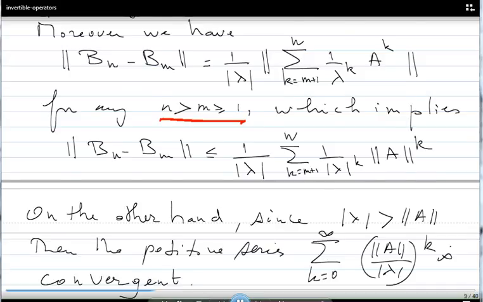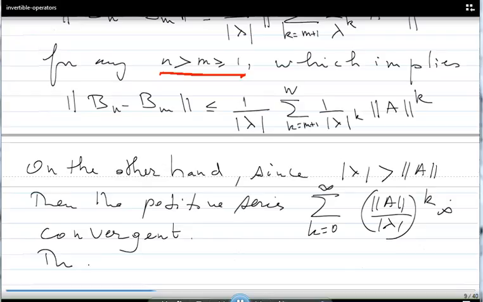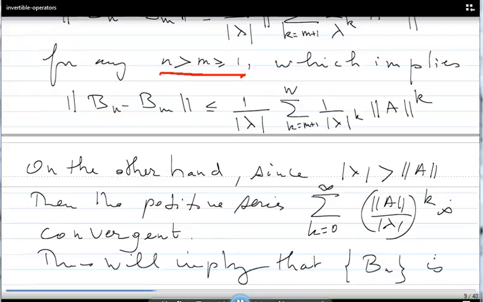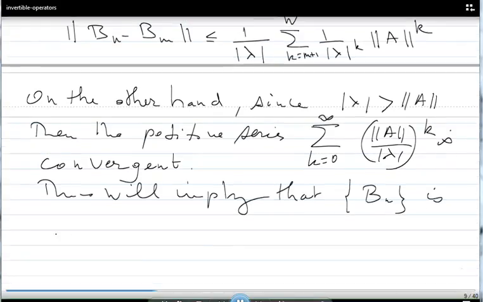Therefore, this will imply that Bn is Cauchy, is a Cauchy sequence.